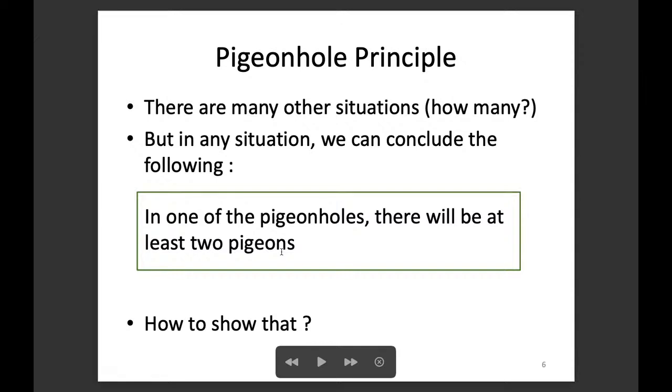So how do we show that? Somehow we may say that in the worst case, each pigeon will go to one hole, but after 9 pigeons going into the holes, for the last one we must find a hole which has some pigeon staying there. So we must have 2 pigeons in some hole. But this argument is not very formal, because in some parts of this statement we are saying "in the worst case."